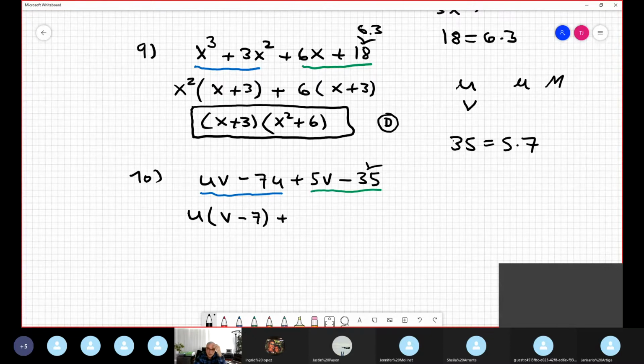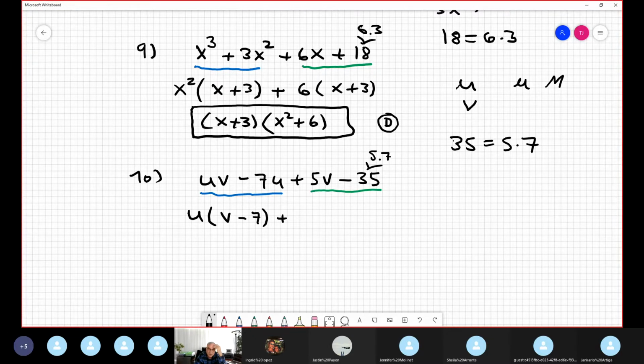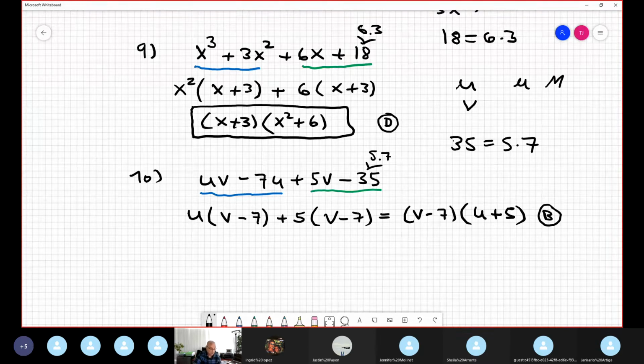I break it down mentally, 5 and 7, and I see that 5 is a common factor. Open parenthesis, b minus 7. Again, the selection was good because b minus 7 is the common factor. So I factor out b minus 7. In the last parenthesis, inside we have u plus 5. That's option B.